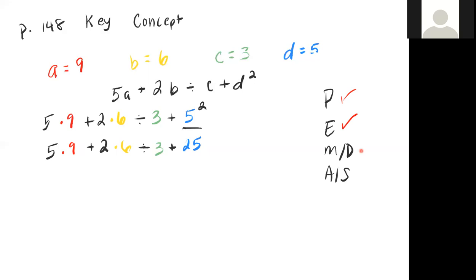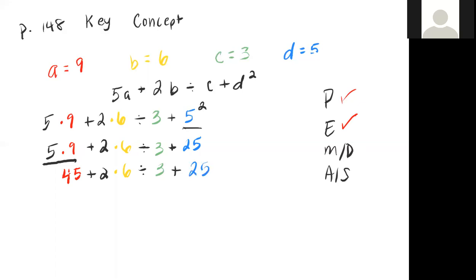And remember, for that, we're working from left to right. All right, so I'm going to solve for 5 times 9. That is 45. Okay, plus 2 times 6 divided by 3 plus 25.